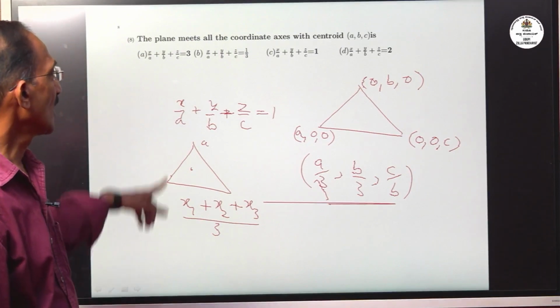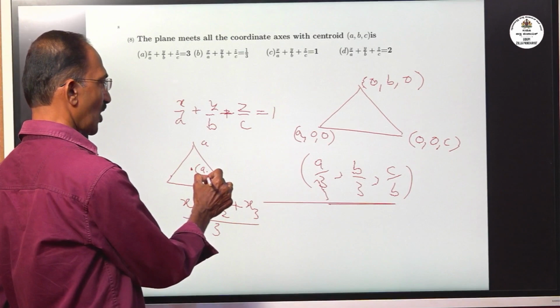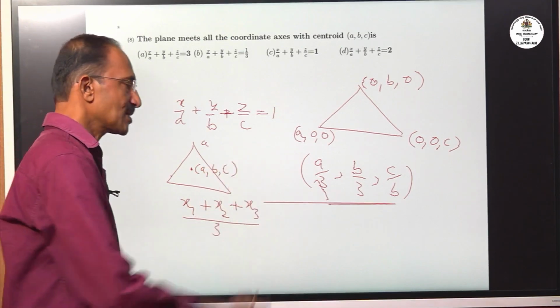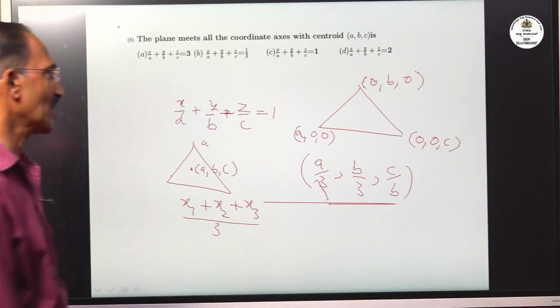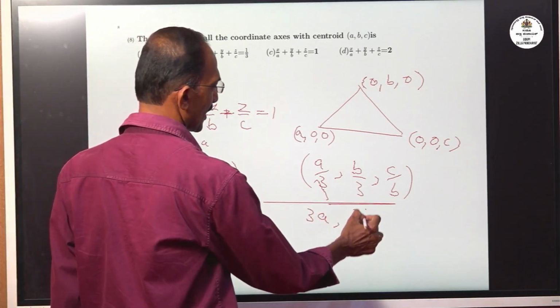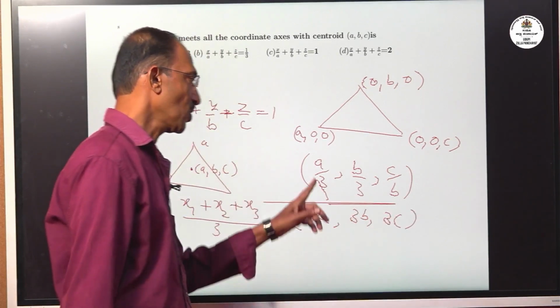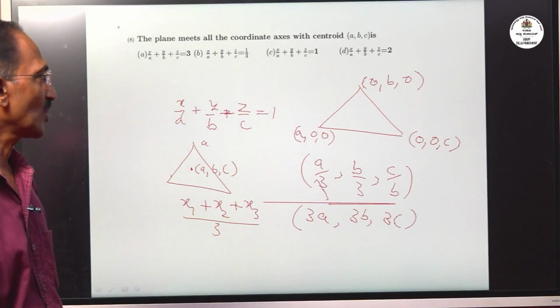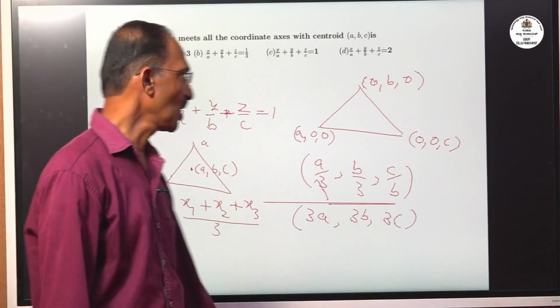So clearly if a, b, c is the centroid, what are the intercepts? Clearly the intercepts are 3a, 3b and 3c. So if 3a, 3b, 3c are the intercepts, what is the equation?